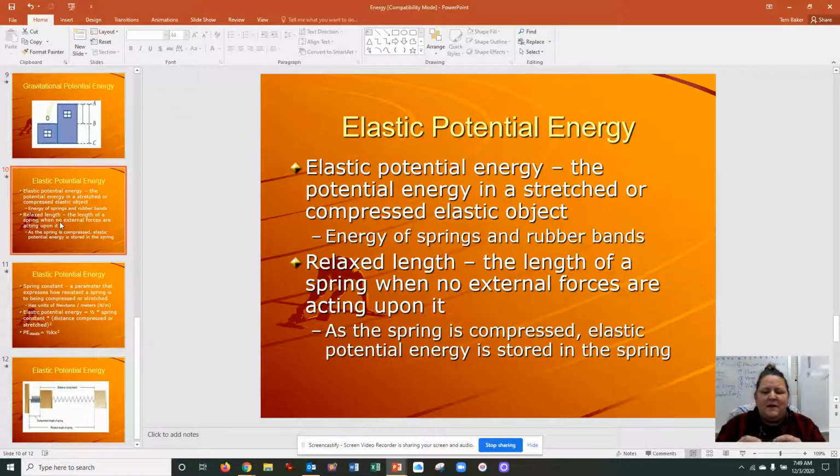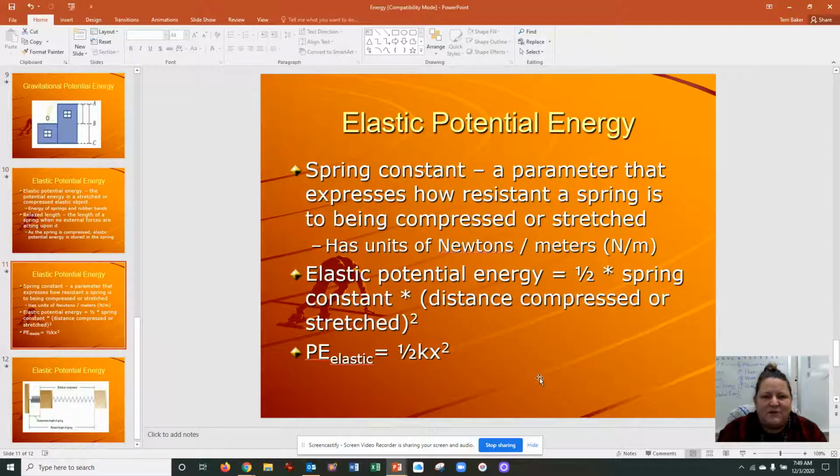As the spring is compressed or extended, the amount of potential energy changes. Depending on the spring, we're going to talk about springs as if we're going to compress them.